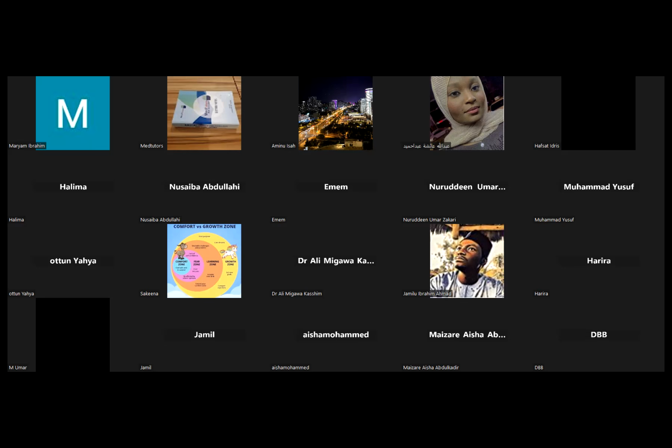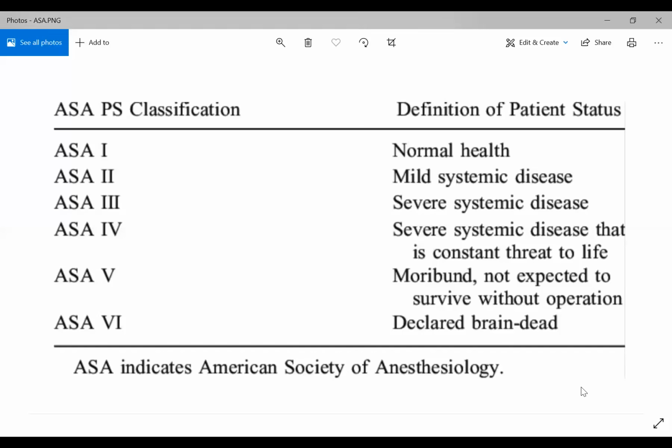I told you the other day that there are several grading systems, and ASA is the one commonly used. Can you see it? Yes, sir.